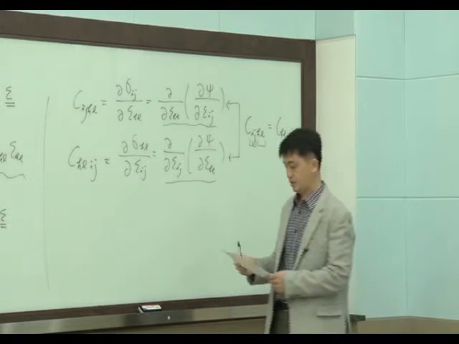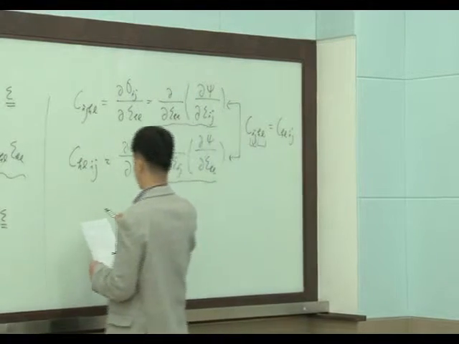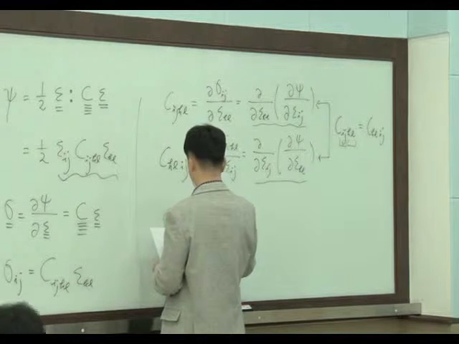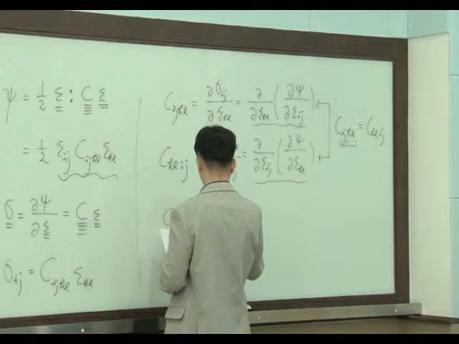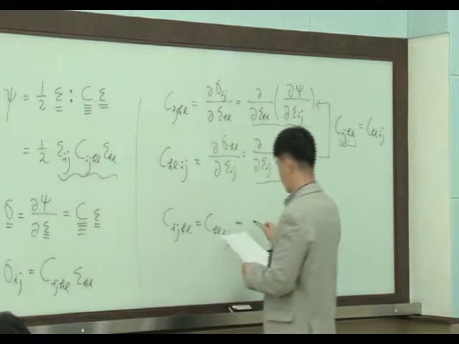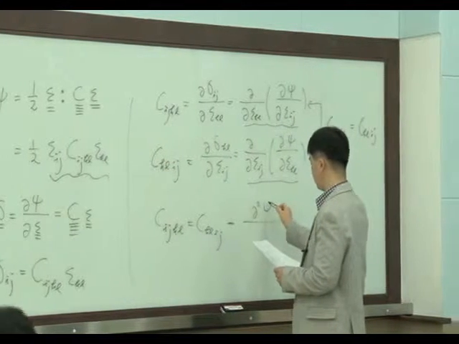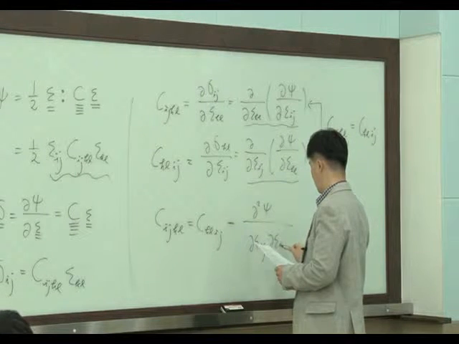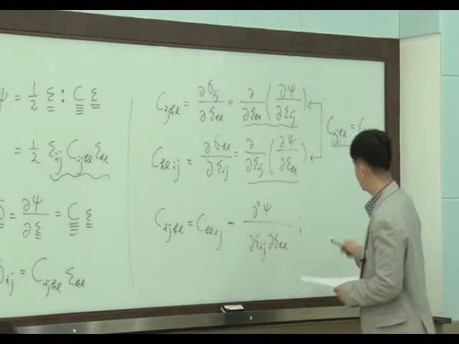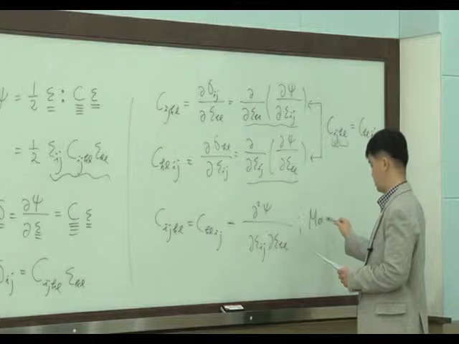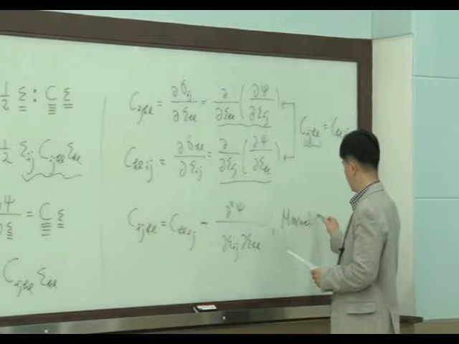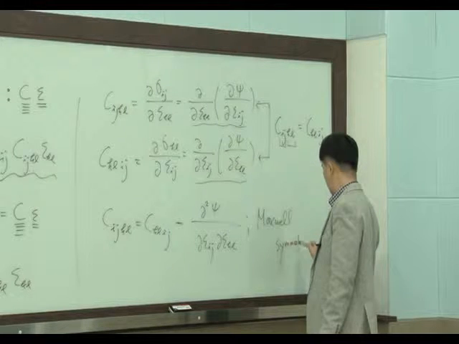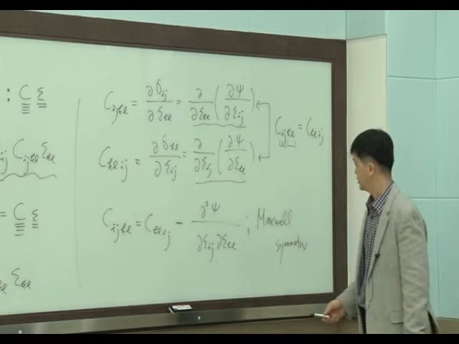So C_ijkl equals C_klij. We are calling this Maxwell symmetry.